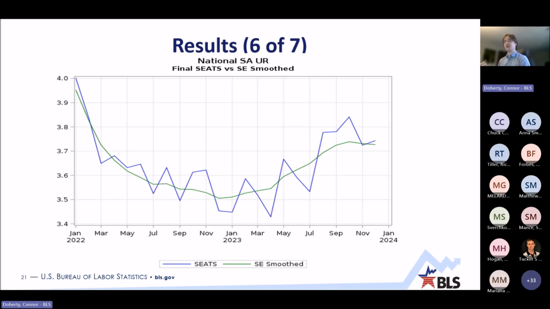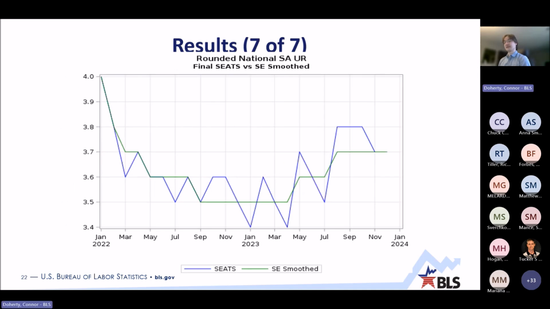When we publish the unemployment rate, it is very heavily rounded, to the nearest tenth, and that's what this lists. So again, we've got SEATS in blue, sampling error in green, but now it's rounded. Even after this heavy rounding, the sampling error model still looks a little smoother.